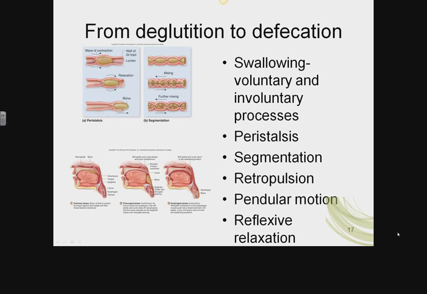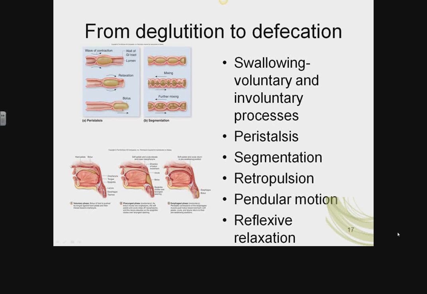In segmentation, up here in the top right picture, you're seeing local contraction from the muscularis externi. I like to think of my hands on a piece of dough, and I'm squeezing here and there, mixing the components of my dough. That's segmentation.